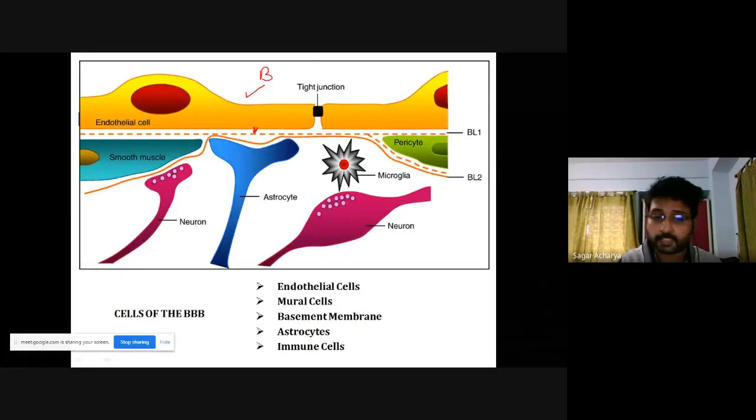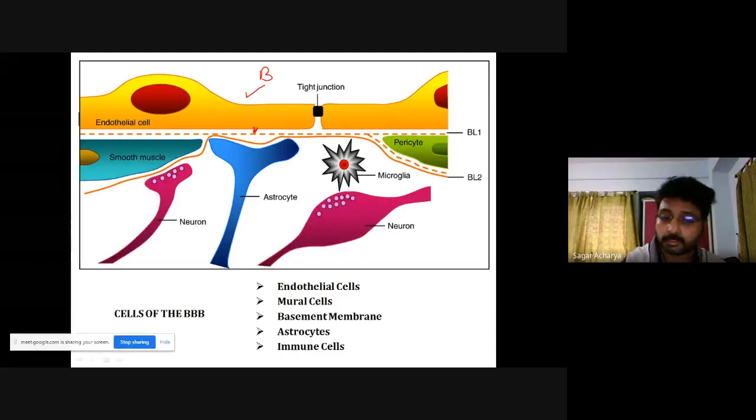I will come into details of this efflux barrier. What it does is take out the diffused lipophilic molecules too, that come into the endothelial cell; what diffused into the endothelial cell goes out of the endothelial cell through these efflux barriers.